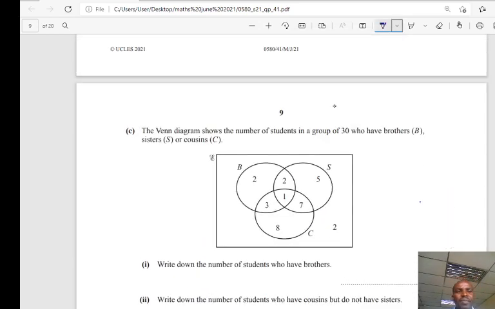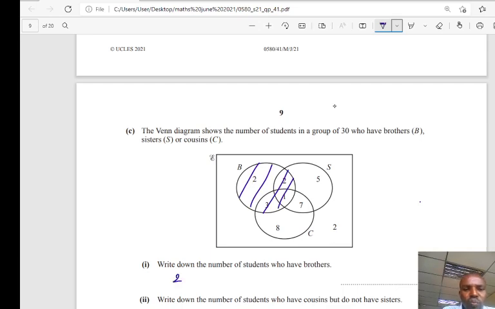Part C. The Venn diagram shows the number of students in a group of 30 who have brothers B, sisters S, and cousins C. Write down the number of students who have brothers. Brothers, the set of brothers is this one. So everything in this set, we have 2, 2, 1, 3.